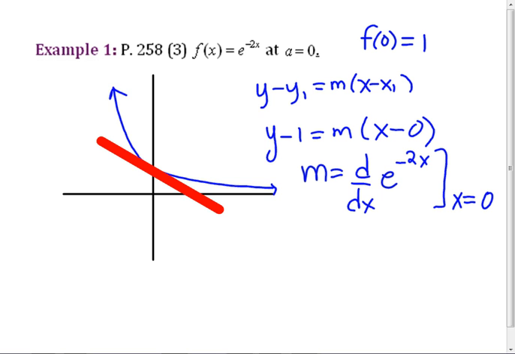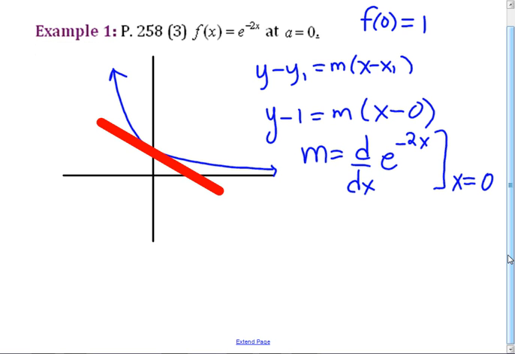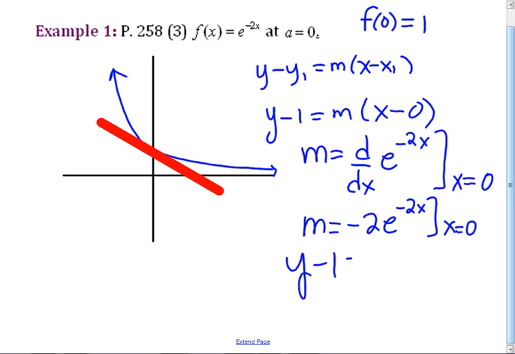You have to have a number here. So it's going to be what? Negative 2 e to the negative 2x at x equals 0. Substituting that in, what's the slope going to be? Negative 2. So y minus 1 is equal to negative 2 times x minus 0.